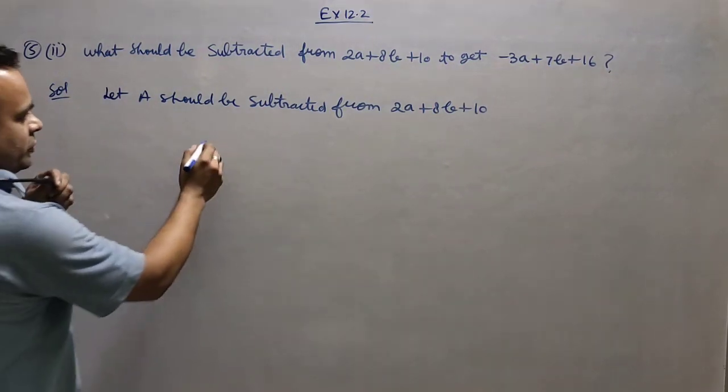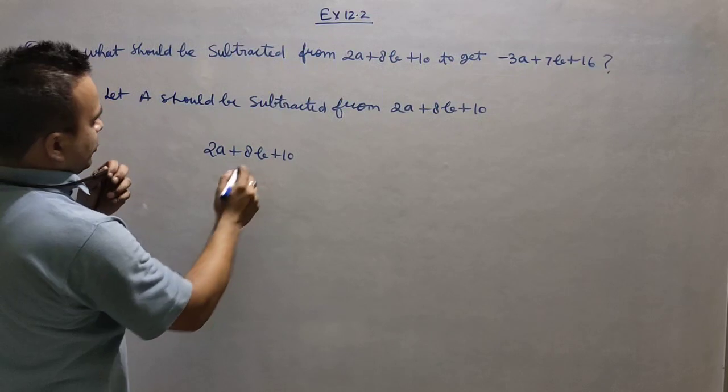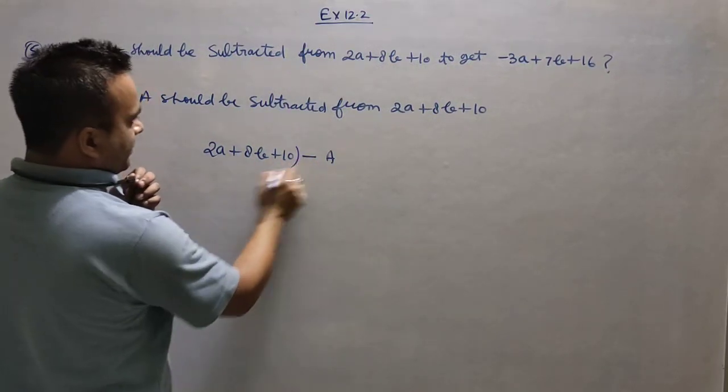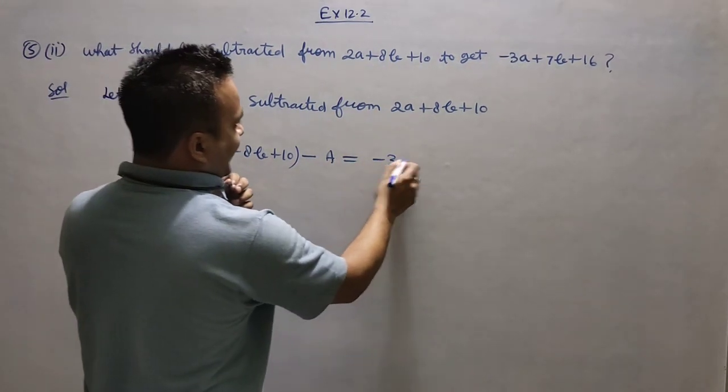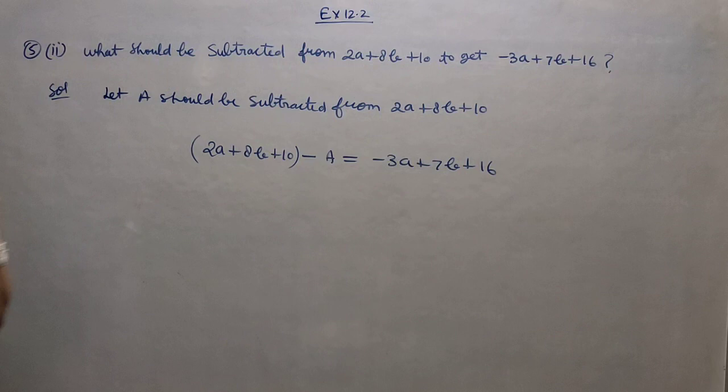So I will write in the equation form. So 2a plus 8b plus 10 I will write on the top, means on the first position, and I am subtracting a from it. So what I am getting, minus 3a plus 7b plus 16. So this is the equation we have formed.